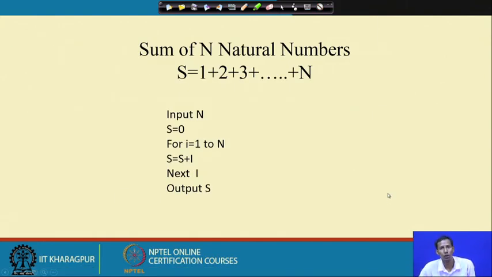we have to find out the sum of n natural numbers. Suppose this is my job to do.